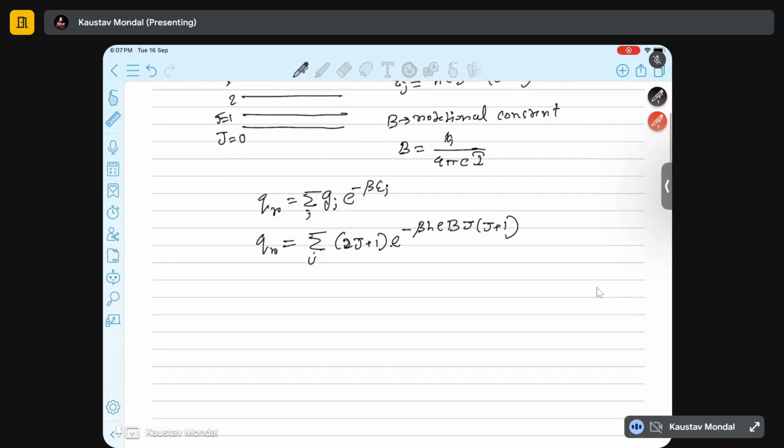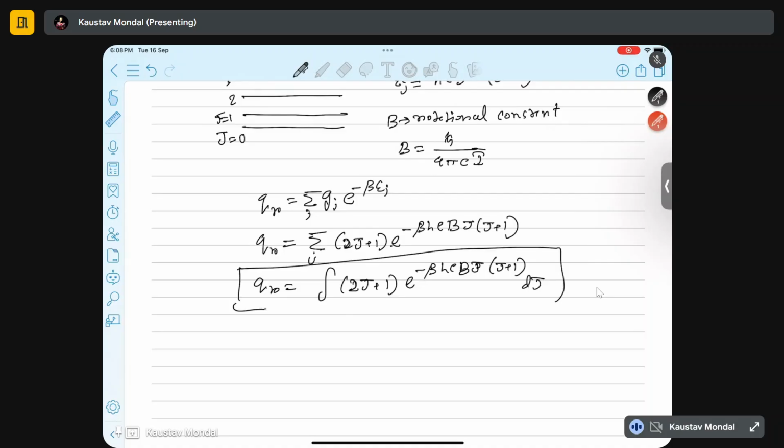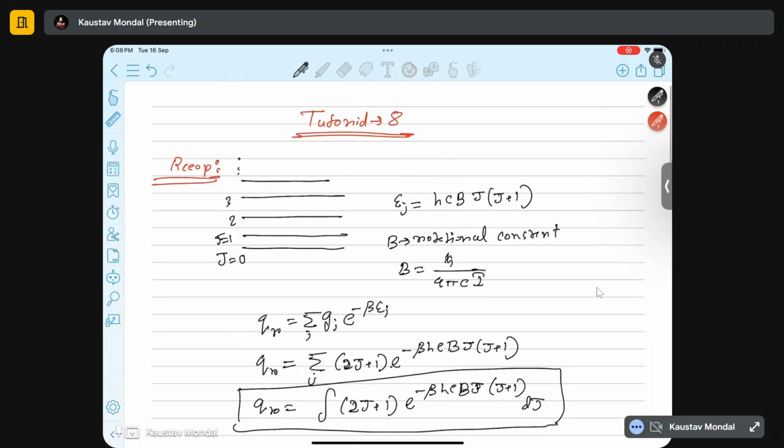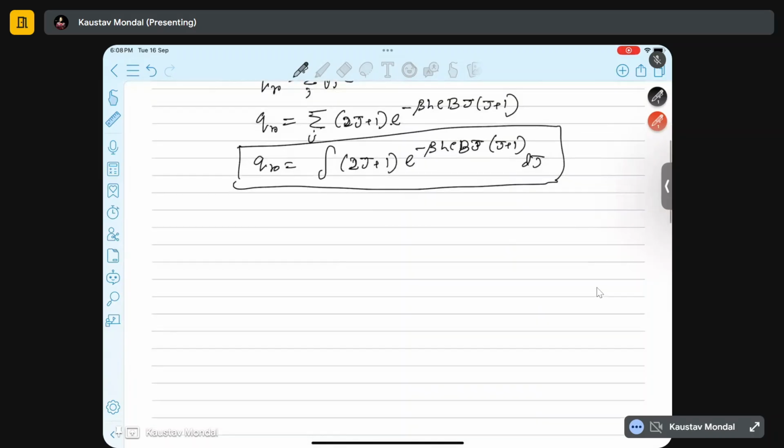Now if the energy levels are very close to each other, then you can treat this as a continuous function, right? You can just simply do an integration rather than doing the summation, and this will give you the rotational partition function expression, QR. So we got the expression of the rotational partition function.